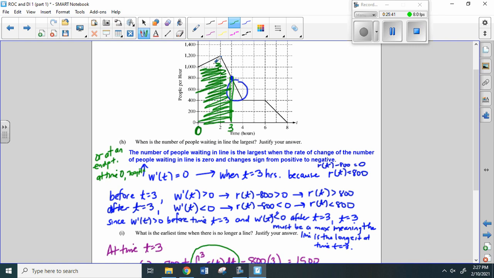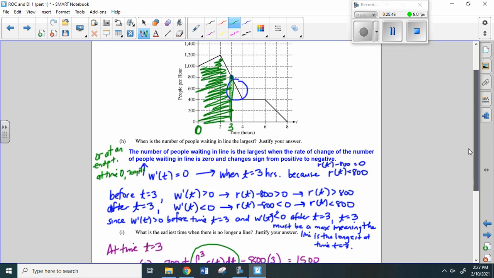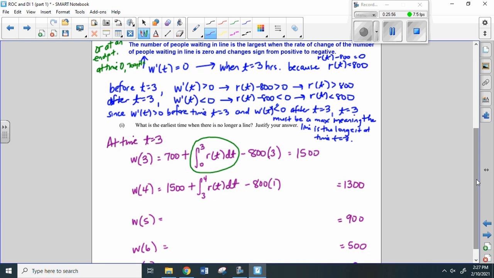So if I shortcut that second one like I did, and I only go from 3 to 4, then I only need to find the area from 3 to 4 and add it to the one I already have. Okay, so please keep that in mind. That's the whole point of what we're learning right now, that the integral represents the area under the graph over that interval. And if the area is above the x-axis, that's a positive answer. And if the area is below the x-axis, that's going to be a negative answer.